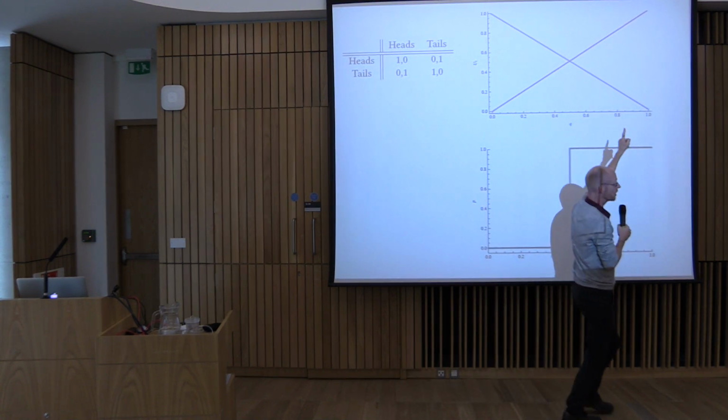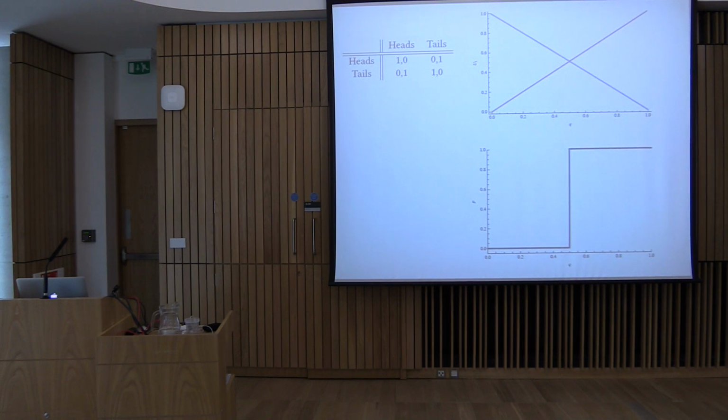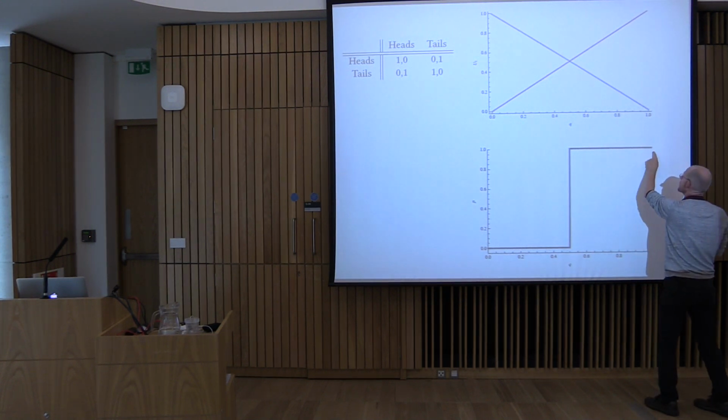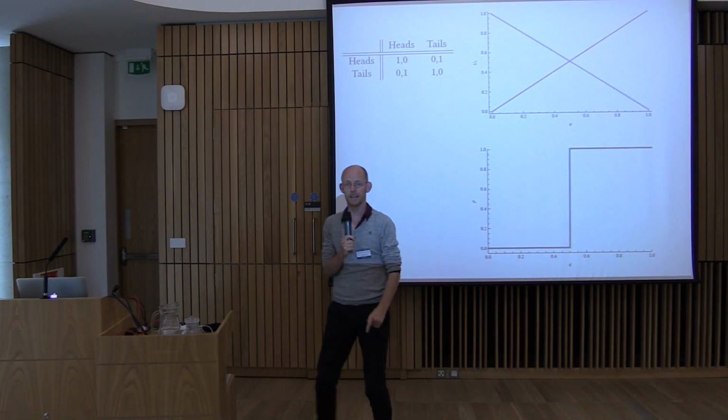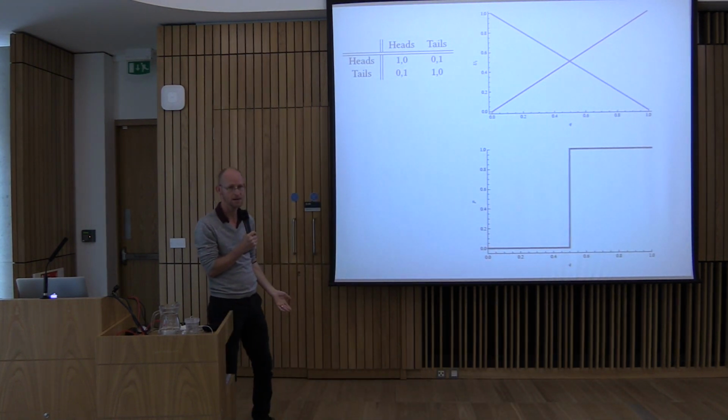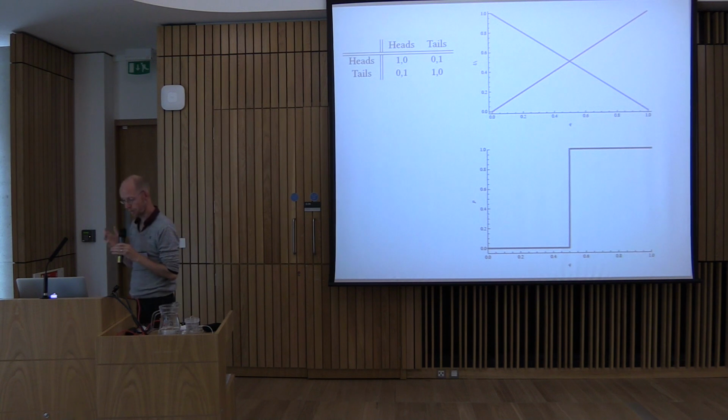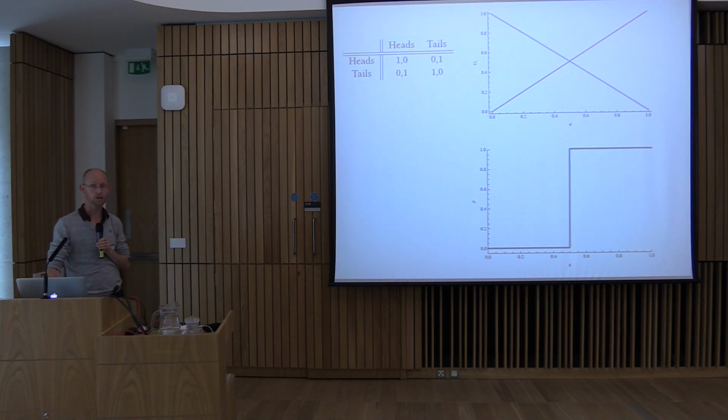Above 0.5, it's always best for you to play tails. So that's this line. And if he plays heads and tails with 50%, then it doesn't matter for you what you play. So that's for player 1, given this value of Q.